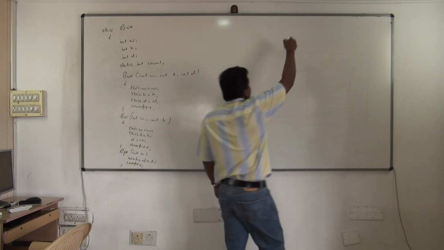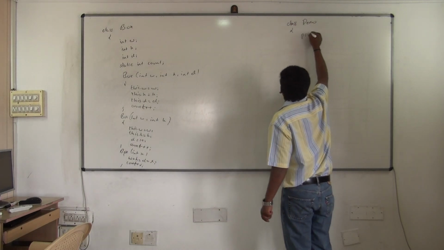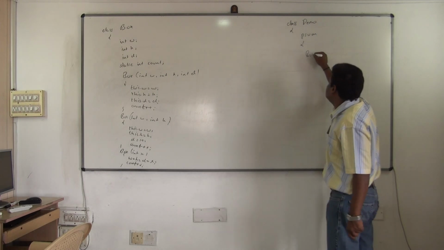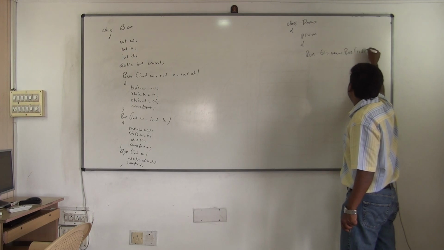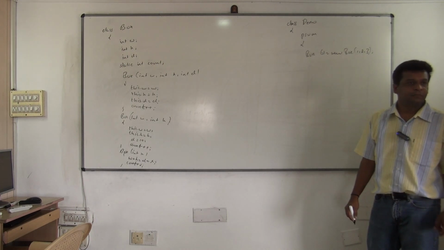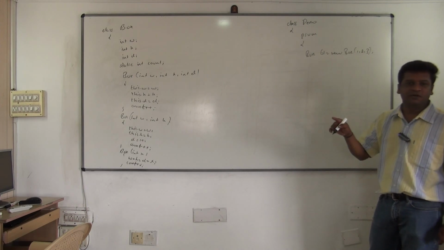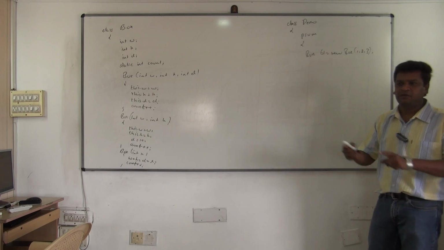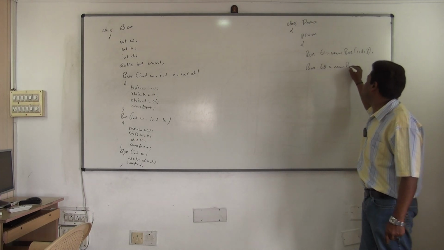So now see. You tell which constructor you want to use to create an object. I'll write first Box B1 is equal to new Box of 1, 2, 3. One new memory gets allocated, the constructor is executed there. What will be the value of count now? 1. Initially it was 0, but when the constructor completes execution it will be 1. Now Box B2 is equal to new Box.